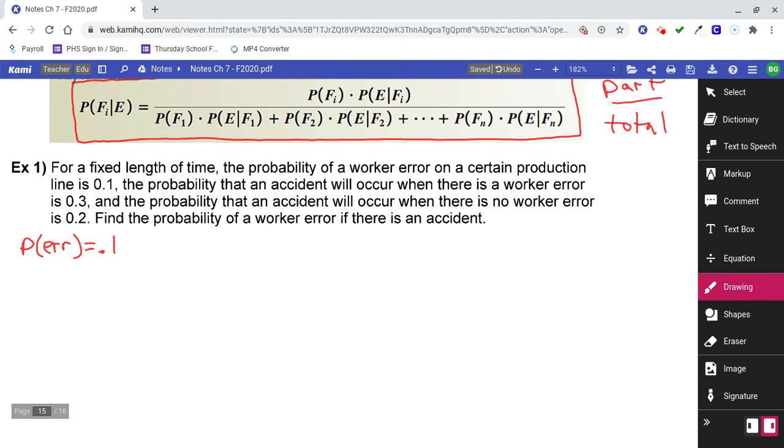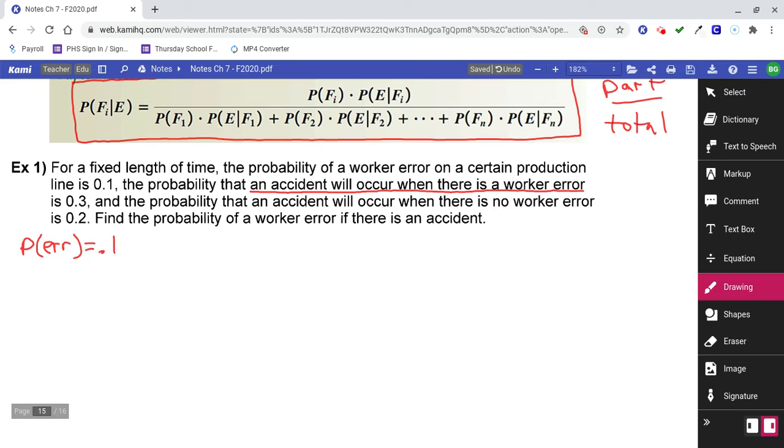I keep reading. It says the probability that an accident will occur when there is a worker error is 0.3. So I want you to look at that. An accident will occur when there is a worker error. You've got two different things happening. There's an accident and there's an error. And I think you need to think really hard about which happens first.